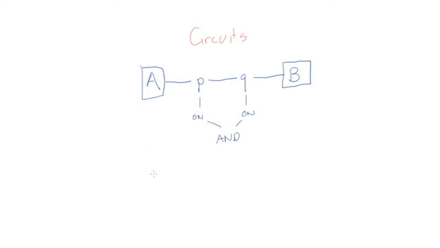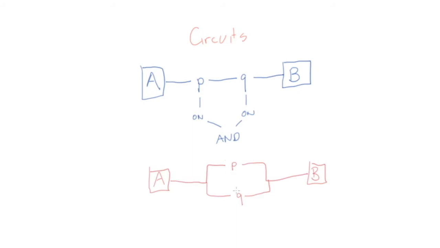Another kind of circuit we can look at is, again, the current has to flow from A to B, but this time the shape is a little different. This time it forks. So it goes through the switch P up here, and then down here, it goes through the switch Q. Okay, so let's think about how the current flows along this kind of circuit. If P is on, the current can easily just go through P from A to B. Likewise, if Q is on, the current can flow from A through Q to B. The only time when the current is interrupted is if both of these are off.